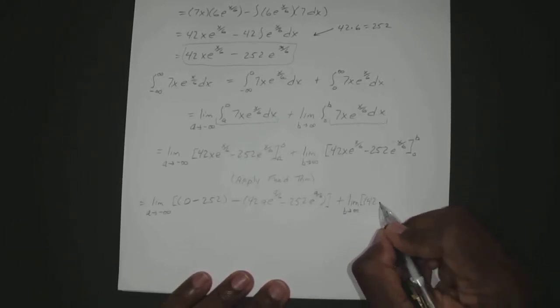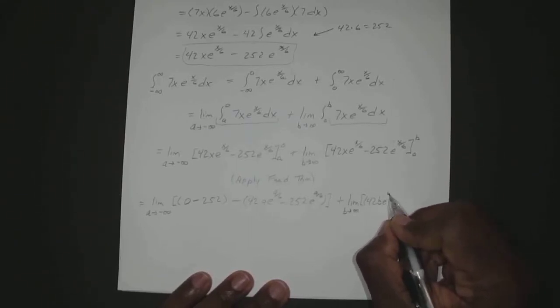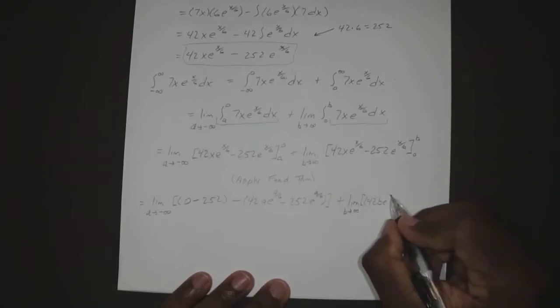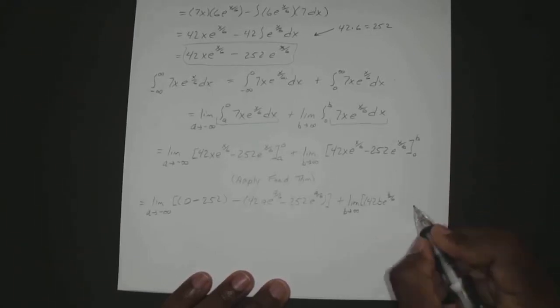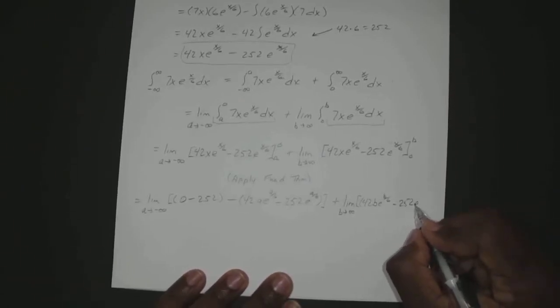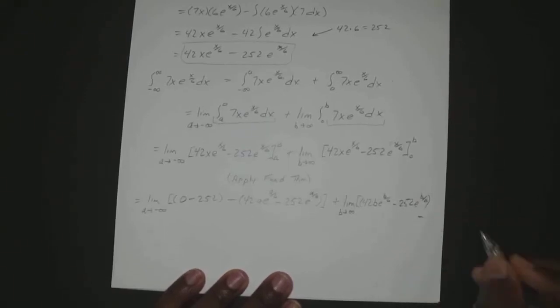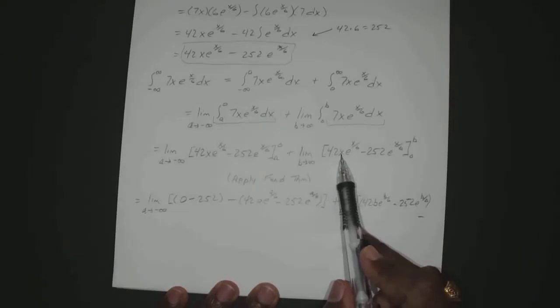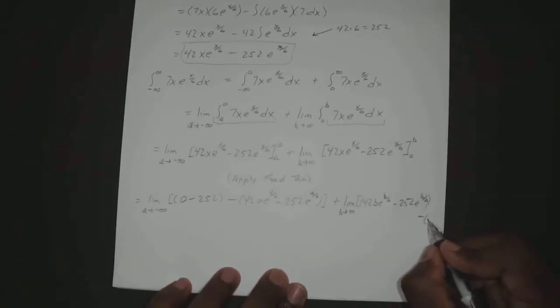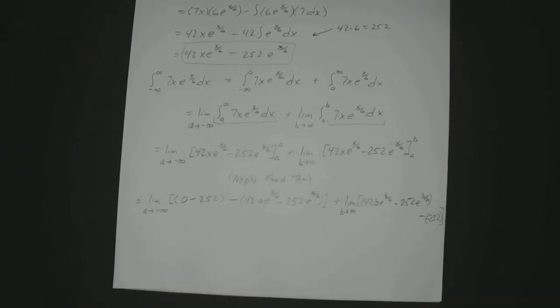So you have 42b times e to the b over 6 minus 252 e to the b over 6 minus, if you plug in 0, that disappears, and that just becomes negative 252.